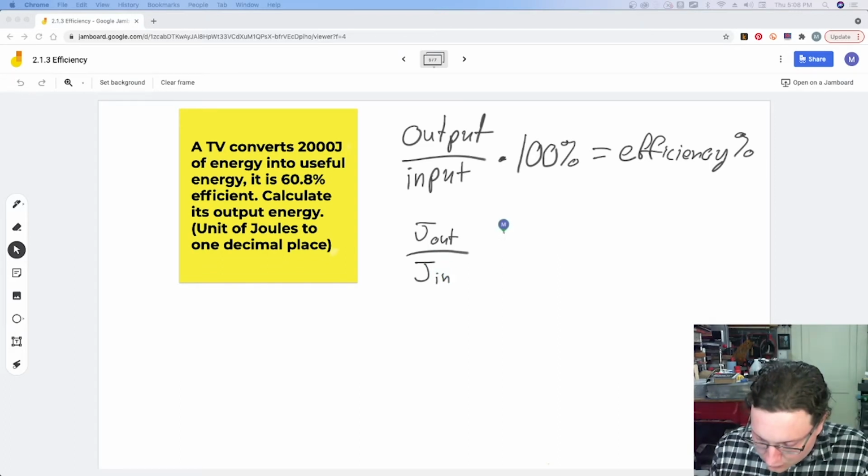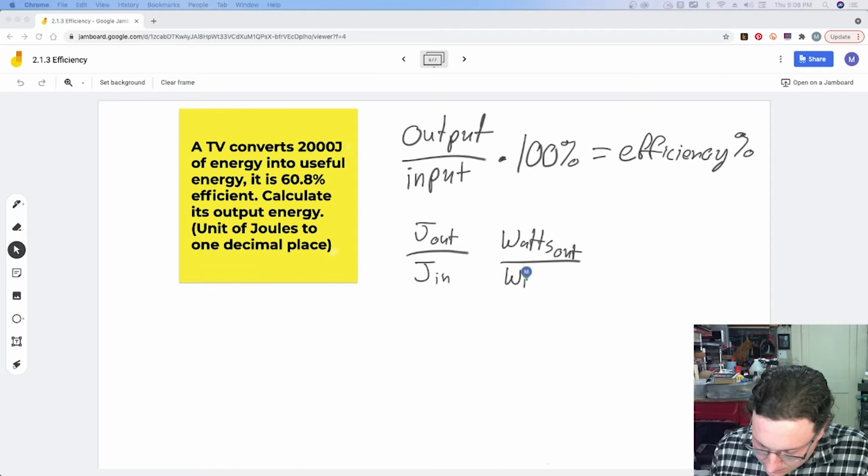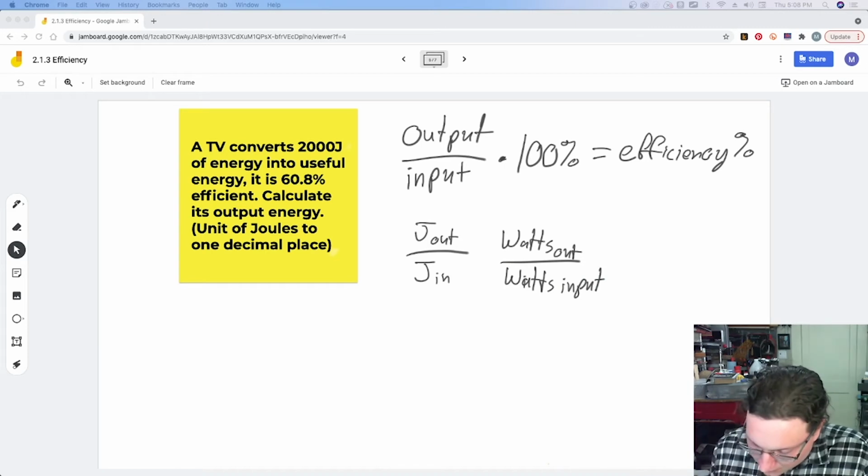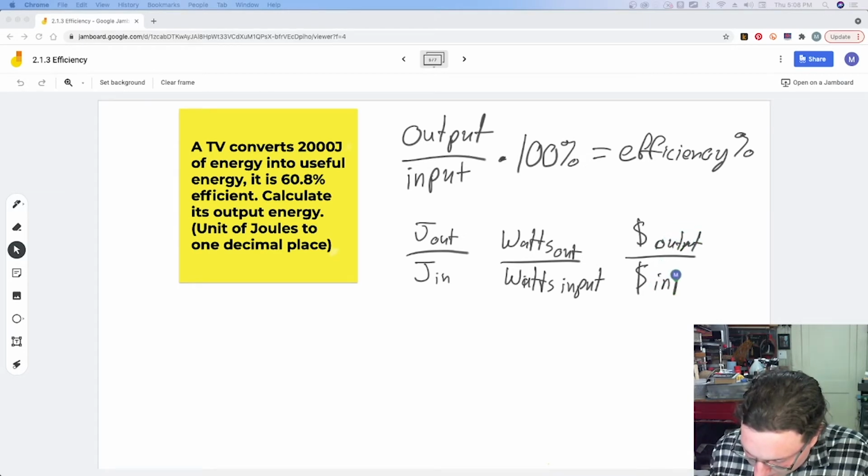Same thing if we're dealing with watts. Watts of output over watts input. Or, since we've talked about how money can be tied to efficiency, we know that the output needs to be over the cost input.